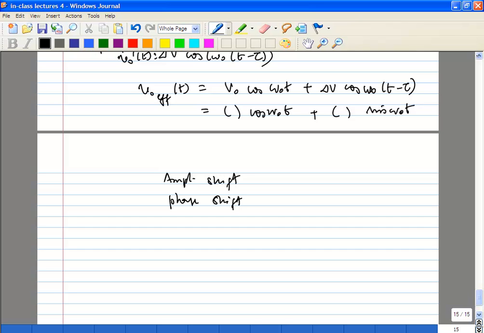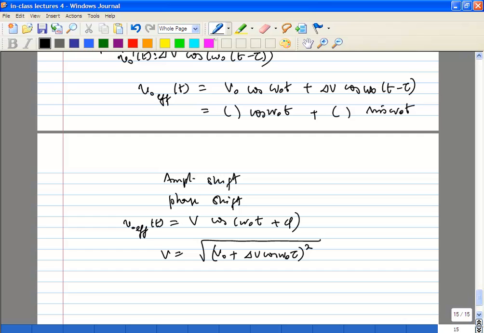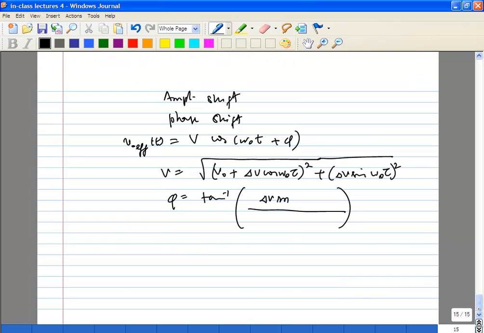So the final expression is, V_O effective, this is the amplitude, and the phase is tan inverse. So that's the amplitude and the phase.